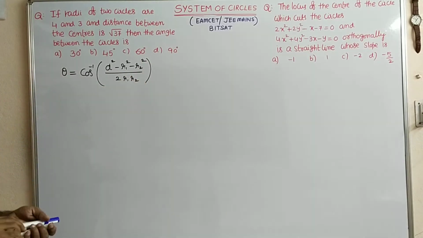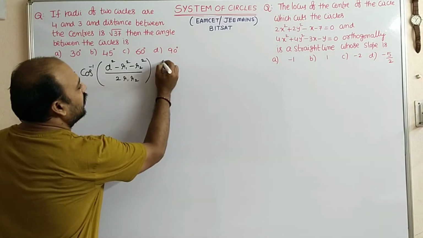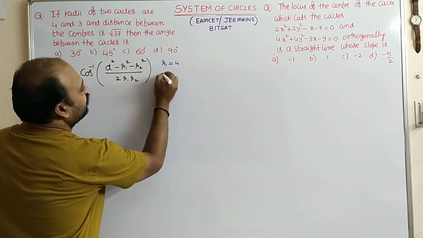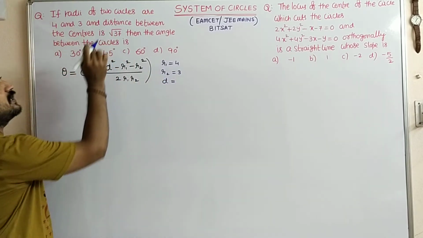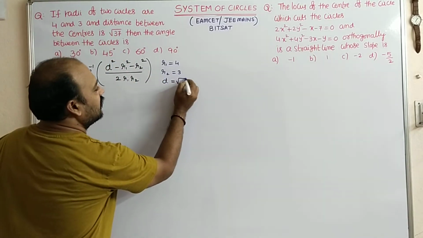Here the given information is r1 equal to 4, r2 equal to 3 and the distance between their centers d is root 37.